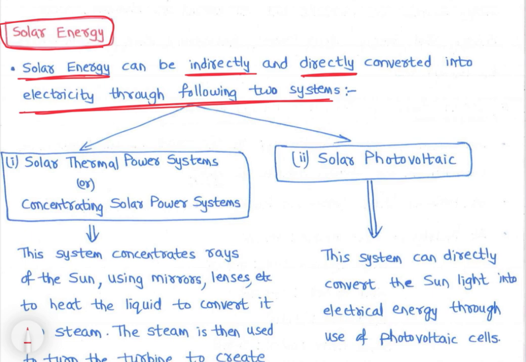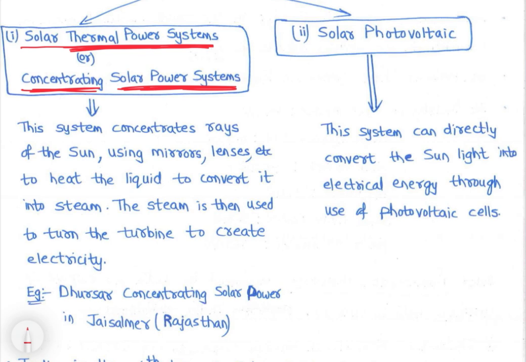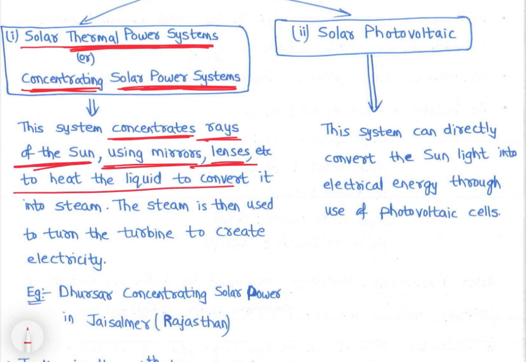So we can use two systems to generate electricity from solar energy. The first is the solar thermal power system, also called the concentrating solar power system. Here, the system concentrates the rays of the sun using mirrors, lenses, etc., to heat a liquid, mostly water, to convert it into steam.